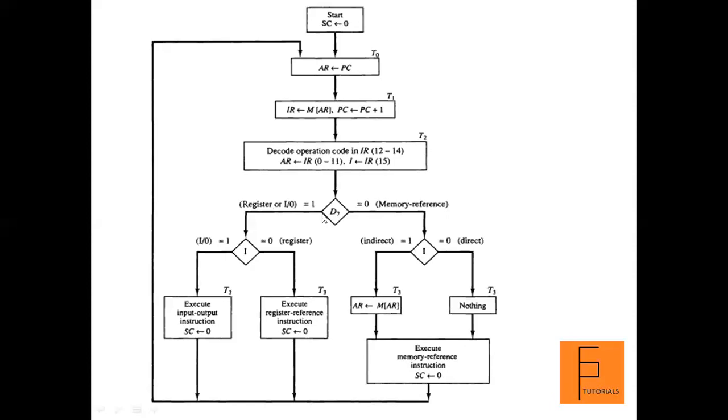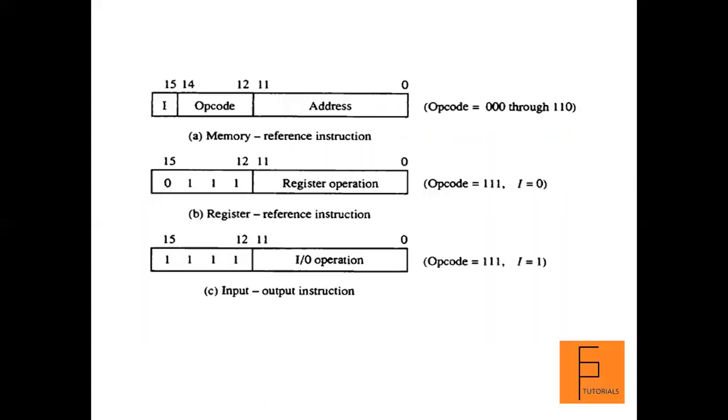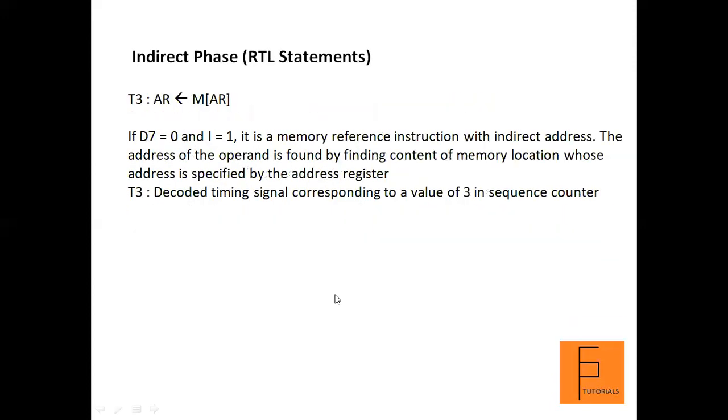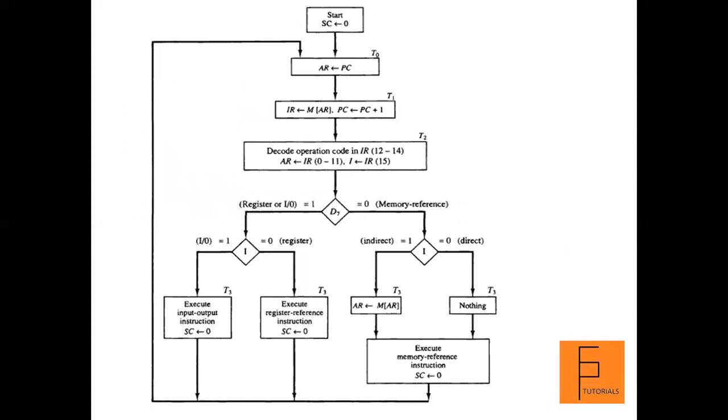So since the opcode is 111, if you remember, it is either a register reference instruction or an input output instruction. So we have two options. If our D7 output is set, it will denote either a register reference or an input output. So we'll branch to the left.